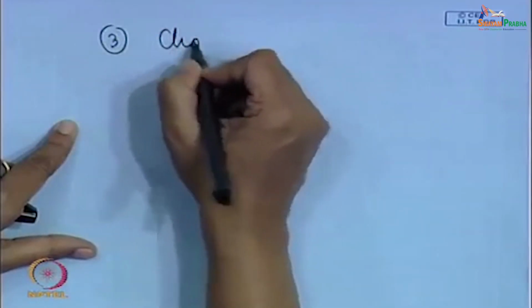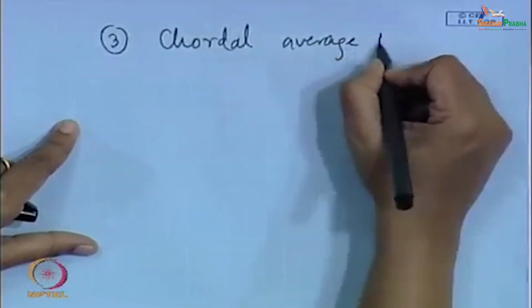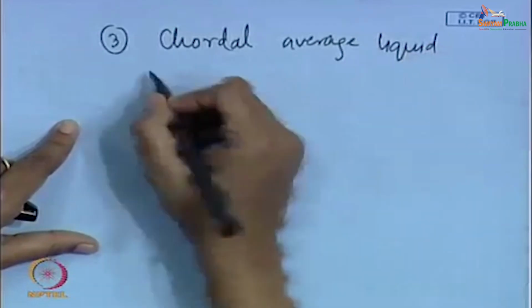Then finding out the effective conductivity is also not very straightforward. Therefore, the area average is also not very easily done. And as a result, apart from volume average and area average, the next definition which I would like to define is the chordal average void fraction or the chordal average liquid holdup.